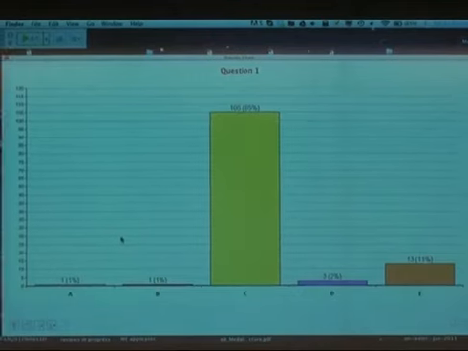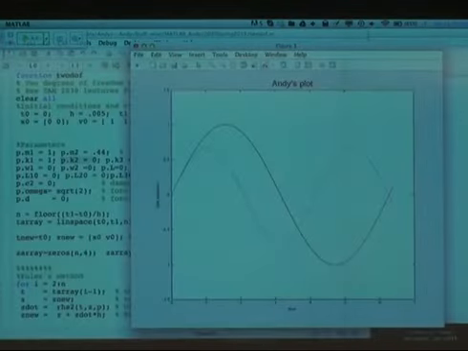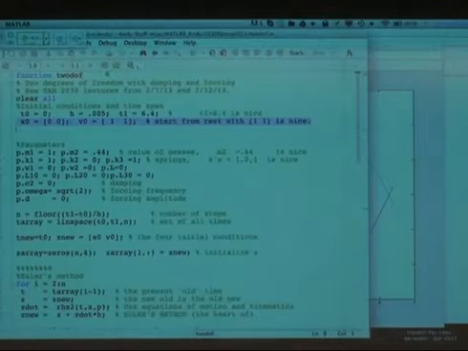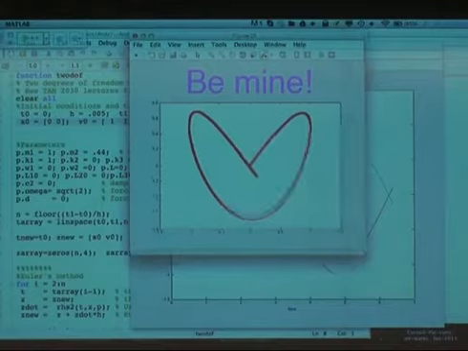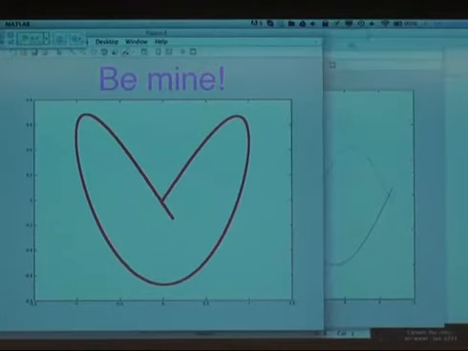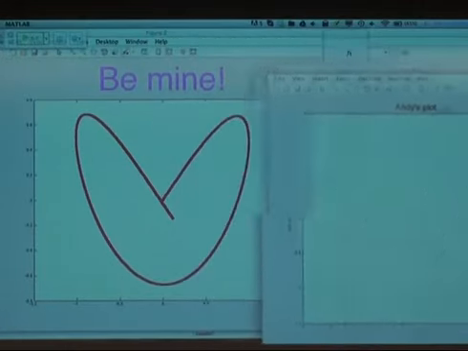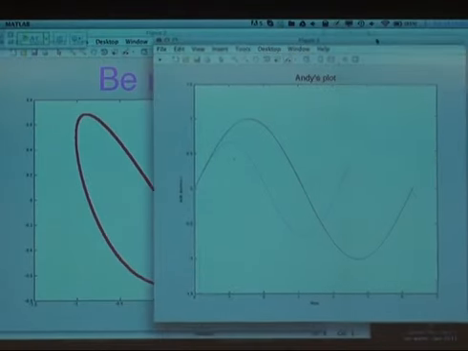Now we go back to the Matlab. Hide this plot for a minute. So now let's look at the cross plot. There you go. Okay, so how does that work?